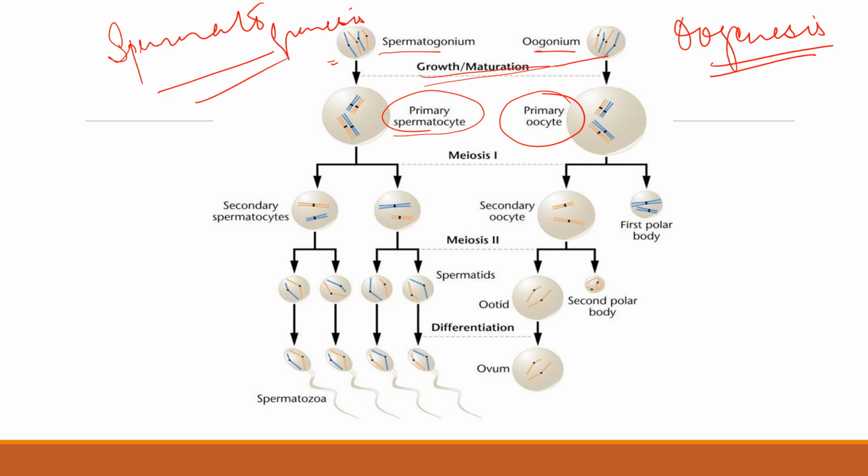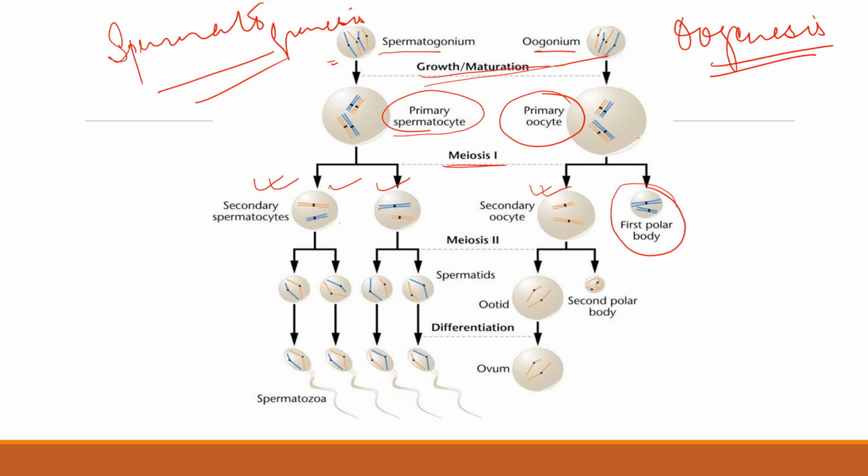Now in meiosis 1, two secondary spermatocytes are produced, and they are haploid because it's a reductional division. Here, one secondary oocyte and a first polar body are formed.